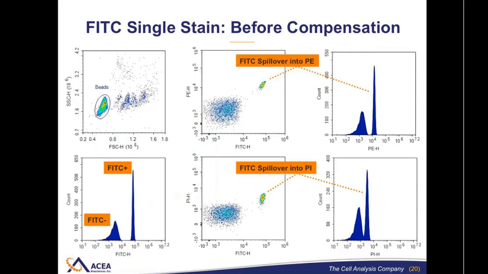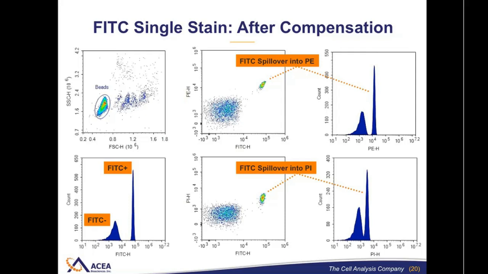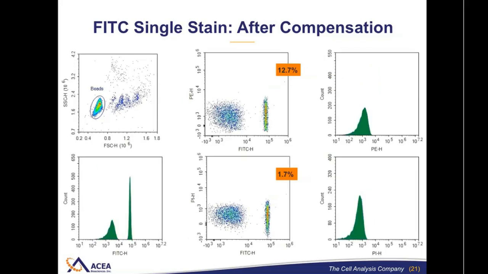So then let's consider the example data we looked at previously, where we noted the FITC spillover into the PE and PI channels, viewed in both the bivariate plots and the histograms. So this slide shows the before compensation data. And then this slide shows the after compensation data.